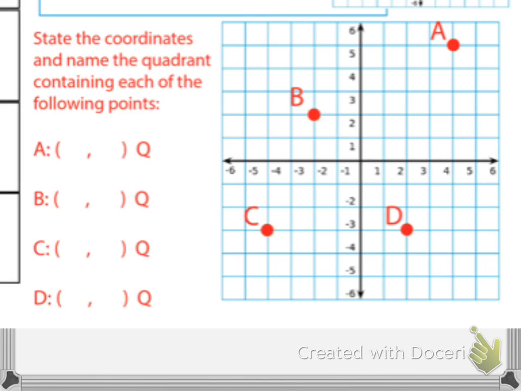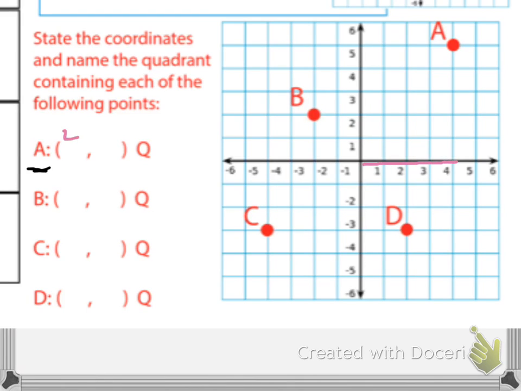Okay, so let's finish this notes page up with stating the coordinates and naming the quadrant that has each one of the points. So we're going to look for the point that's labeled with A, and I can see that that's right over here. So starting at the origin, I want to determine how many units I have to go to the right.